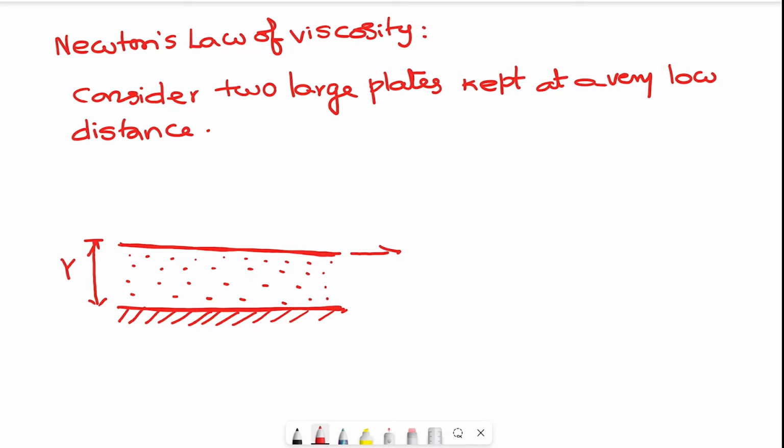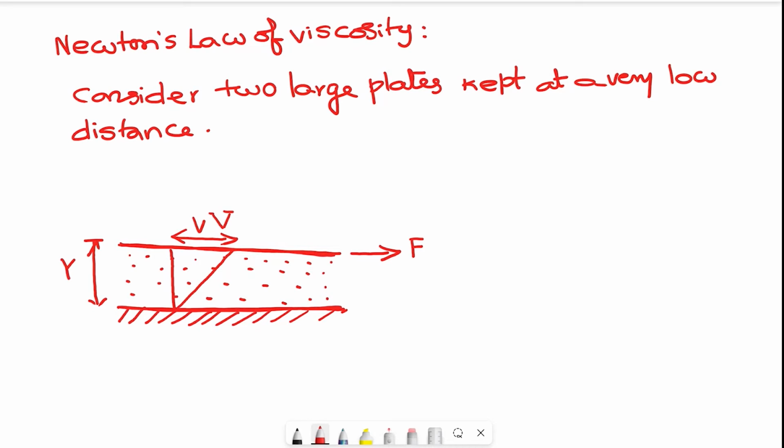Now this upper plate is dragged with a force F. Because of that, the upper plate moves with a velocity v. If I take the velocity distribution, this is how it is going to be. So this is v.